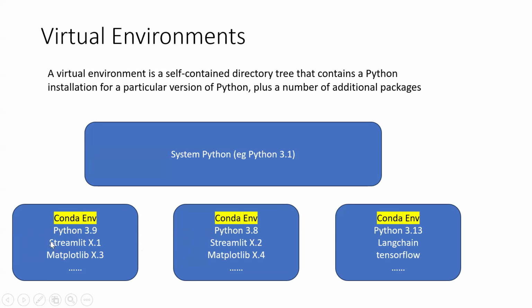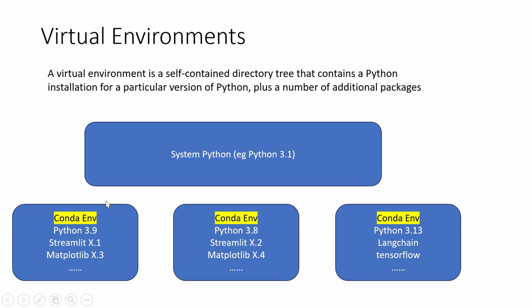Project one has dependencies: it needs Python 3.9, Streamlit version X.1 and Matplotlib X.3. I'm working on another project where I need Python 3.8, Streamlit X.2, and Matplotlib X.4.